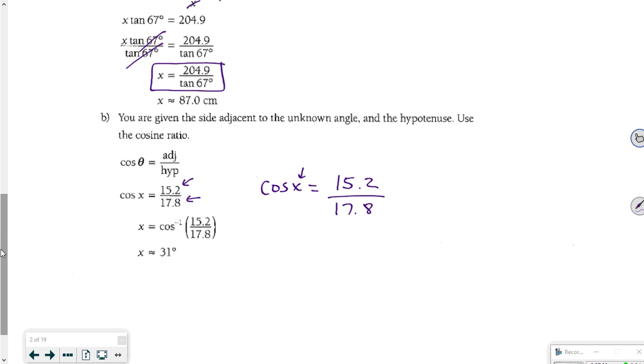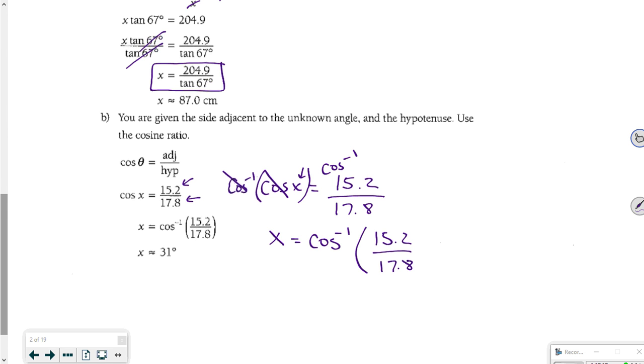And when we do it on this side, we also have to do it on this side. And what that does is the cos -1 and the cos cancel and just leave the x all by itself. But we've now got the inverse cos of the 15.2 over the 17.8.